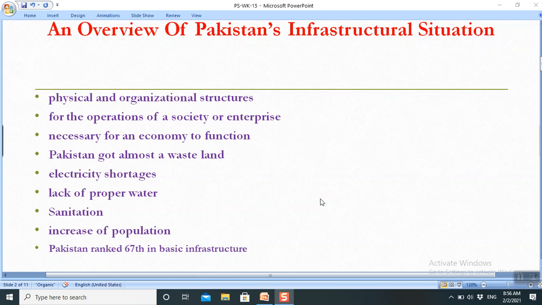In 1973, the consensus constitution of 1973 emerged. The departments of the state were properly chalked out, and the responsibilities were defined, and then a steel mill with the help of Russia was established in Karachi. That was a major project of that time.